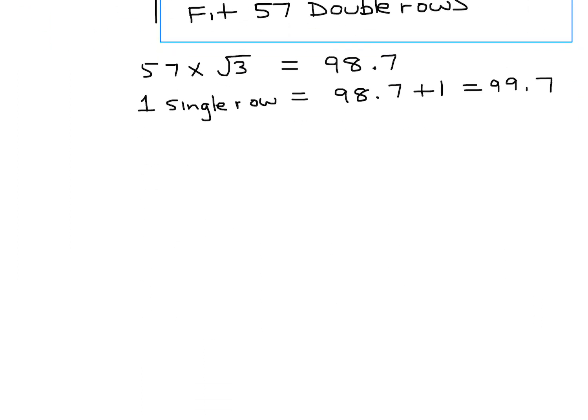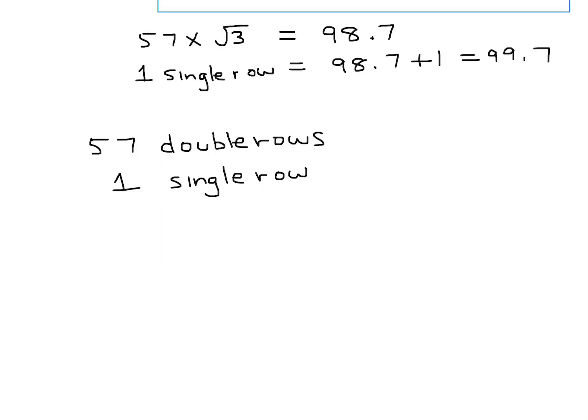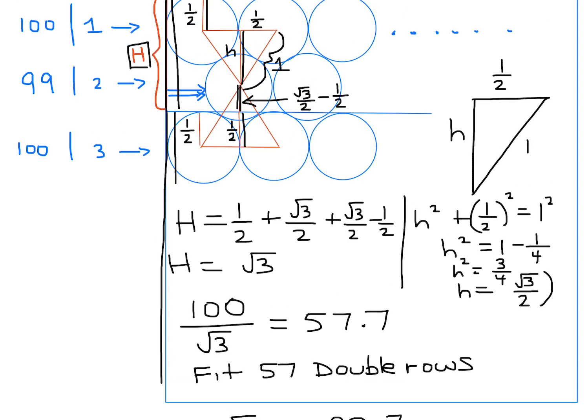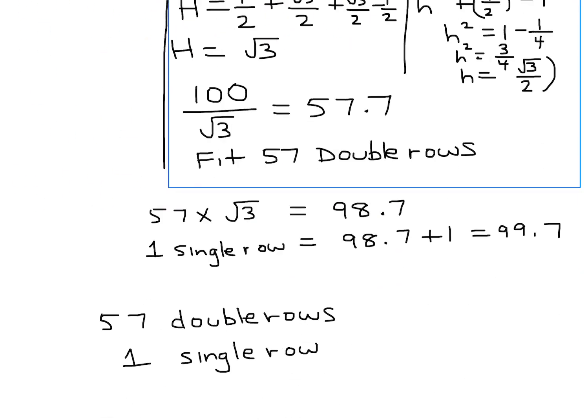So now all we have to do is figure out how many circles. So we have 57 double rows, and we have one single row. Each double row contains how many circles? If you remember, row 1 has 100, row 2 has 99. So a double row would have 100 plus 99, 199.